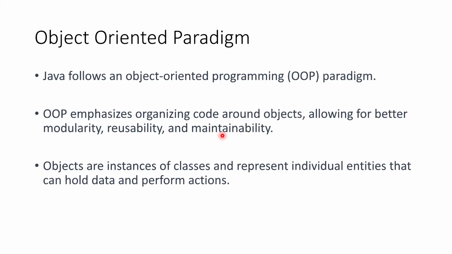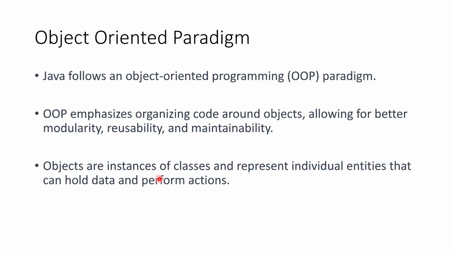We're looking at smaller pieces of information compared to looking at one big program. So modularity is important. And then the concept of reusability. I can reuse my code in a different class, right? And that is what object-oriented programming is all about, right?